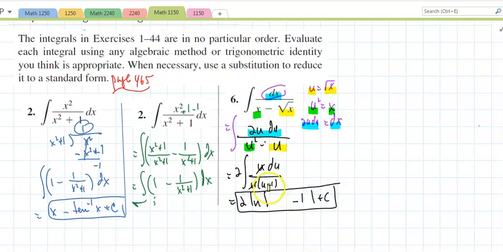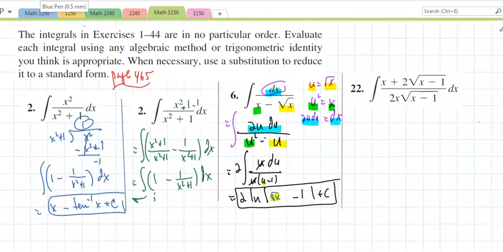What was u? U was simply radical x. And there it is. So a lot of times you have to square, maybe cube, depending on the problem, and the index of the radical.